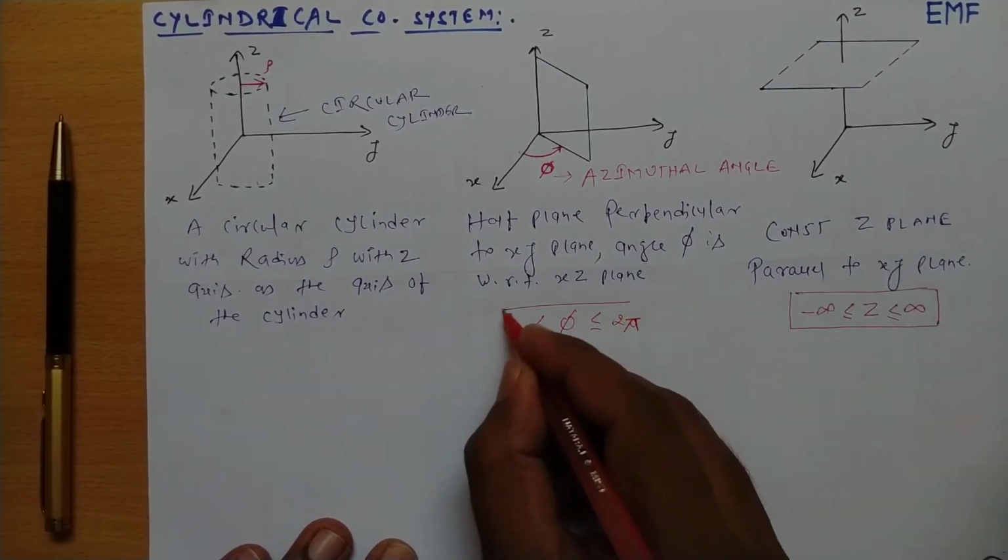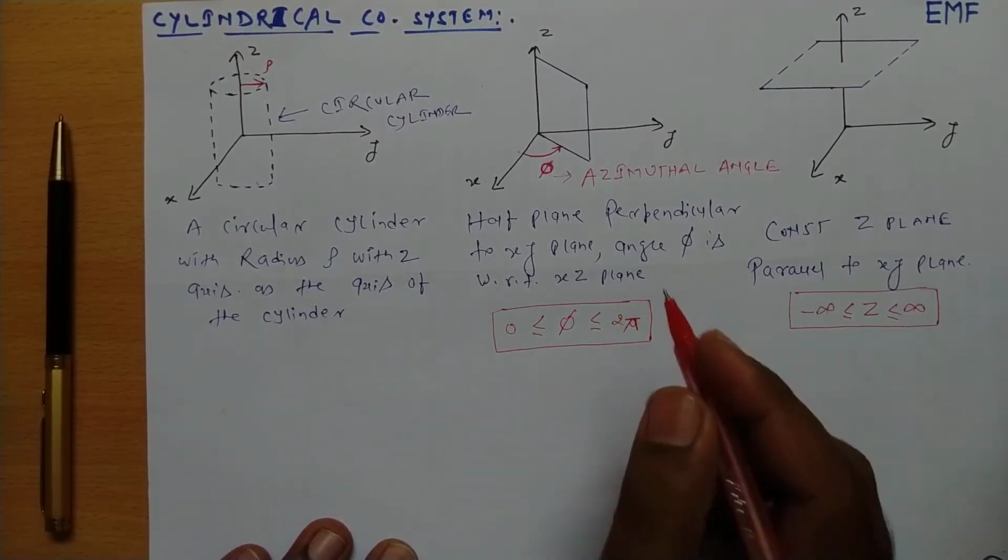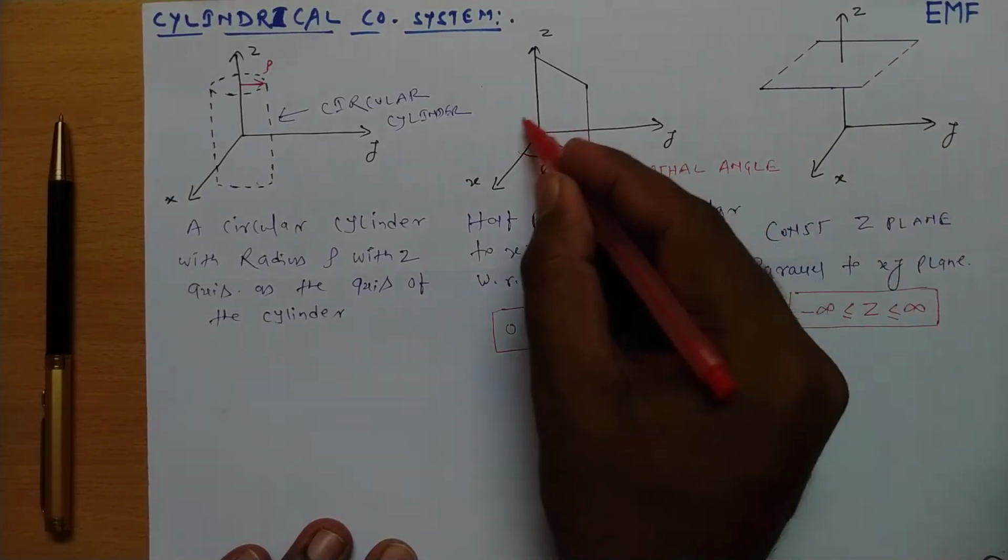It's very important, ranges are very important for numericals. This can move from 0 to 2 pi.